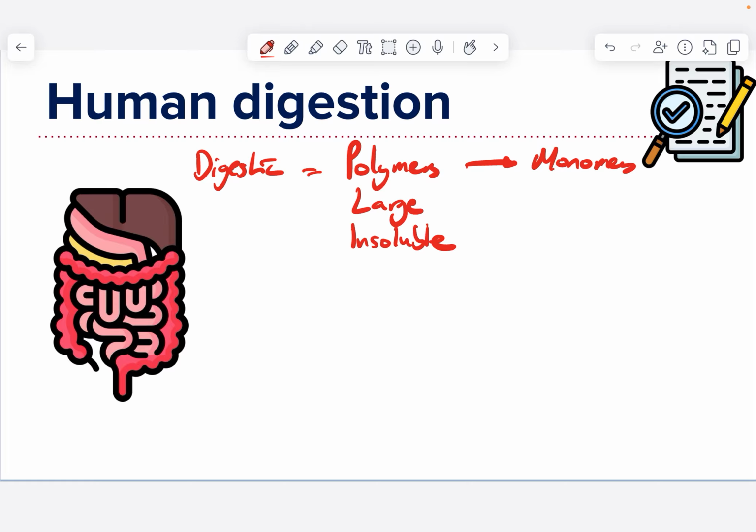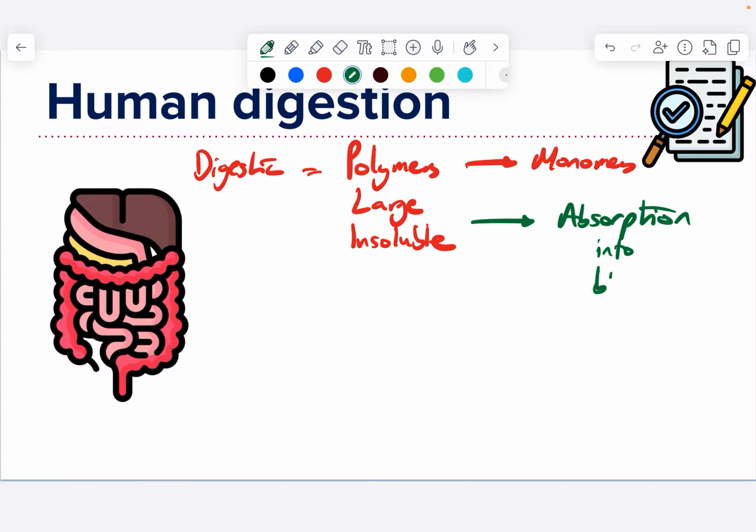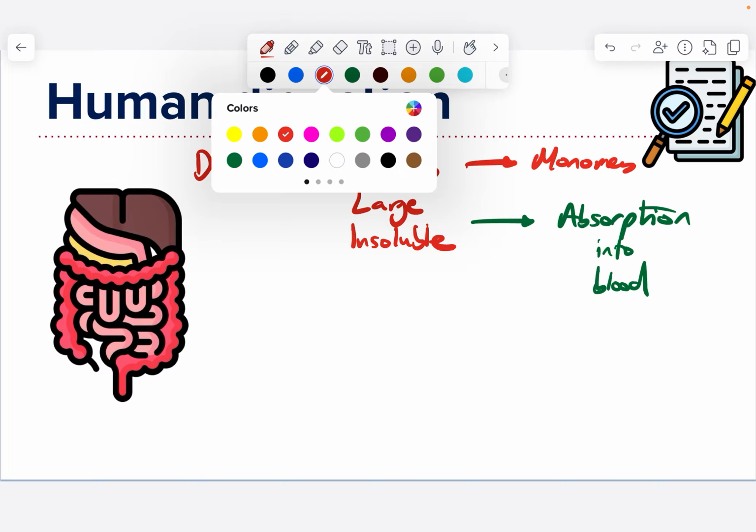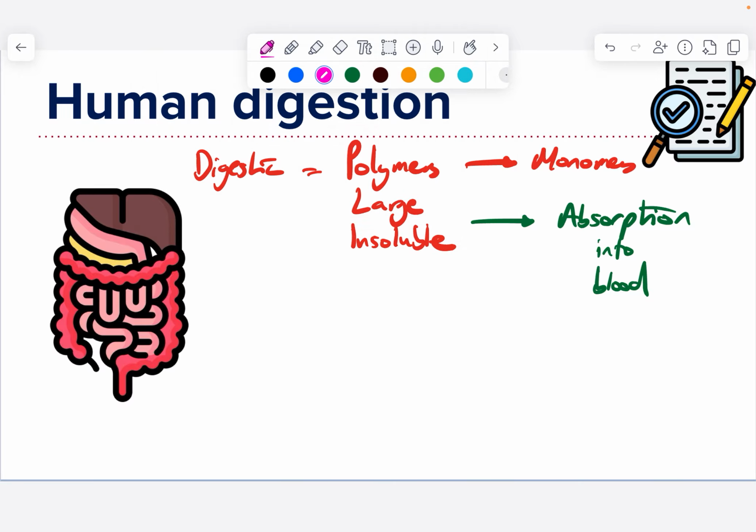So the whole reason for digestion is to break down those polymers from large insoluble molecules into monomers. The reason we want to do that is because when they are broken down into monomers, that allows for absorption into the blood.